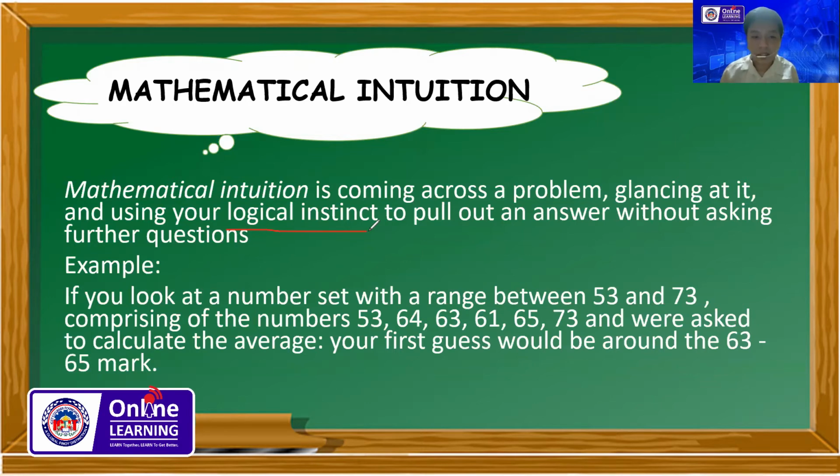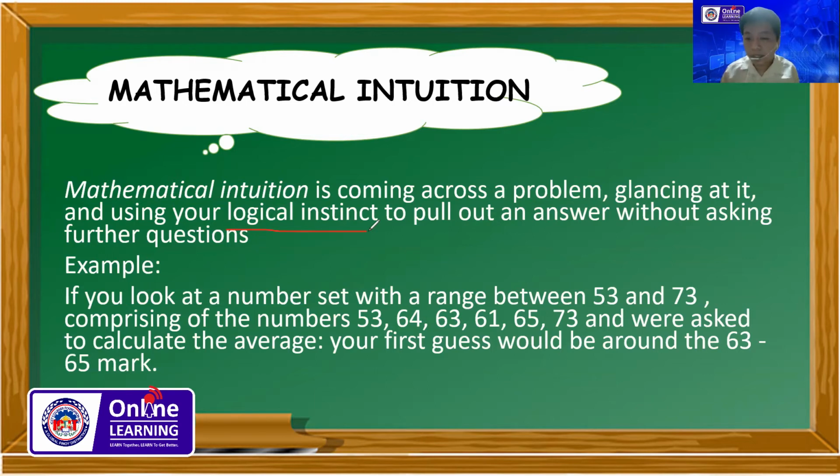Okay, so example, if you look at the number set with the range between 53 and 73, comprising the numbers 53, 64, 63, 61, 65, and 73 respectively. And we are asked to calculate the average.